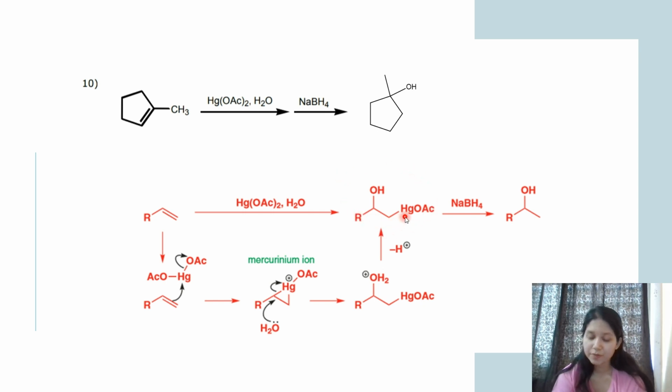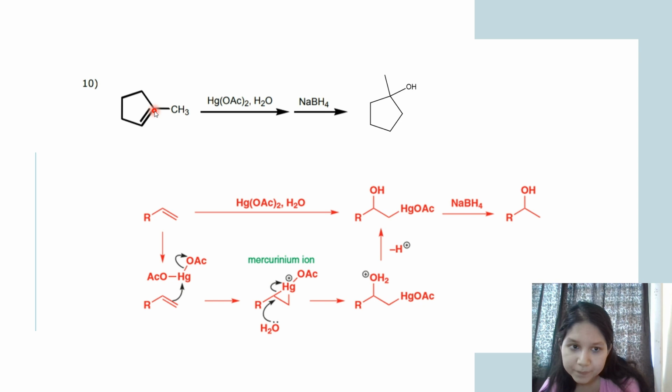Okay, so the first step product will be this mercury acetate species, where you can see that across this double bond, OH is forming at this position and mercury acetate fragment is getting attached at this position.